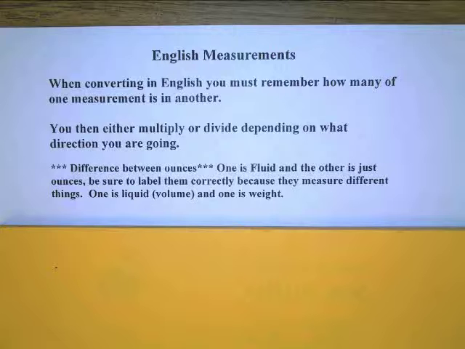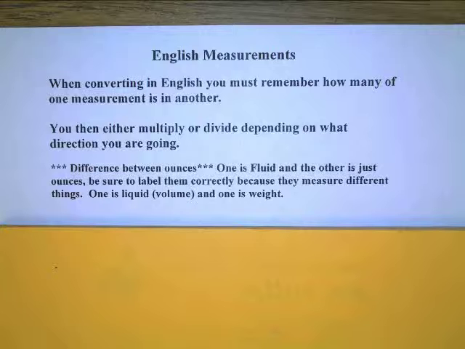When we get into this, you're going to hear ounces when we do weight, and you're going to hear ounces when we do volume. And with your lab, you realize that volume is liquid, right? Weight is mass, so we can weigh ourselves, but we can't find the volume of ourselves very easily. So ounces are going to be used twice. To differentiate, they call them fluid ounces and ounces.